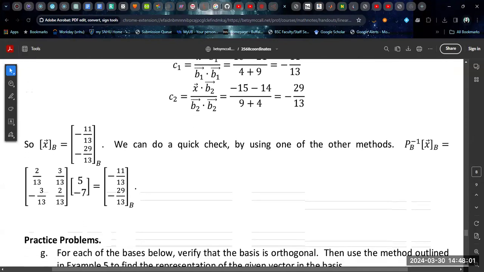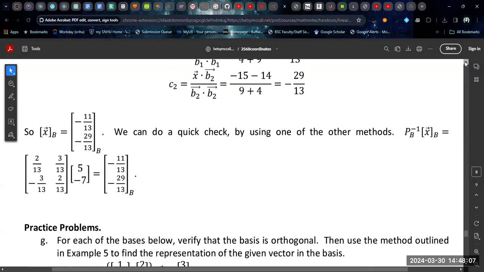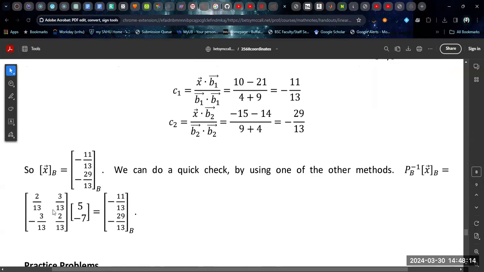Okay, if I check this, I make my PB matrix of 2, 3 and negative 3, 2. If I find the inverse of that matrix, I get this matrix. I multiply by the vector in the standard basis, 5, negative 7, and I end up with exactly the same coordinates as here.